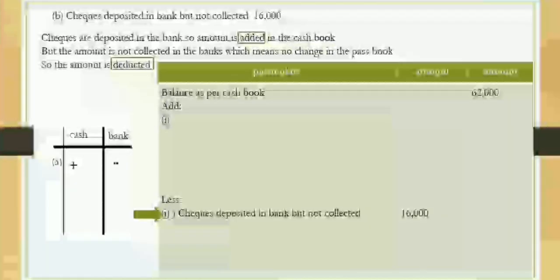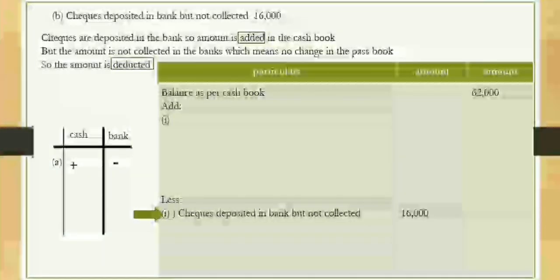And then checks deposited in bank but not collected, and the amount is 16,000. Here the checks are deposited in bank. That means we are adding some amount into our own account. So the amount is added in the cash book. But here comes the point. Not collected.